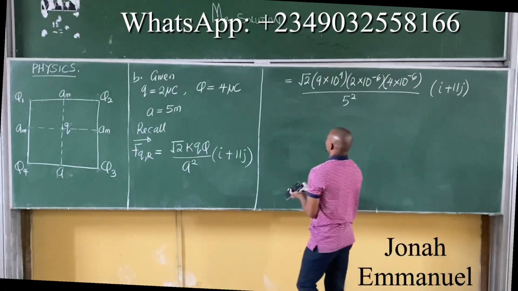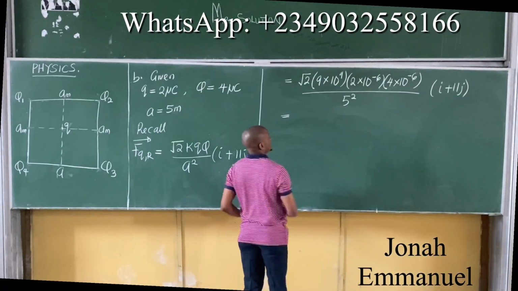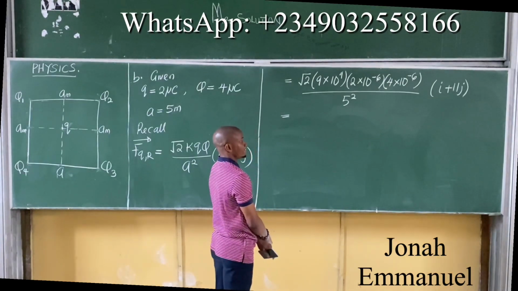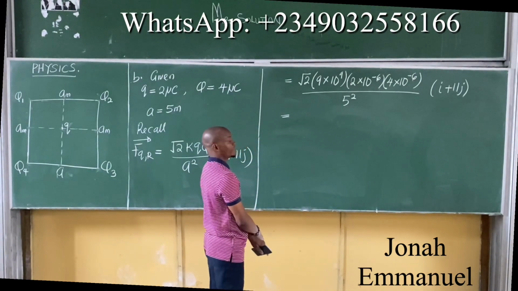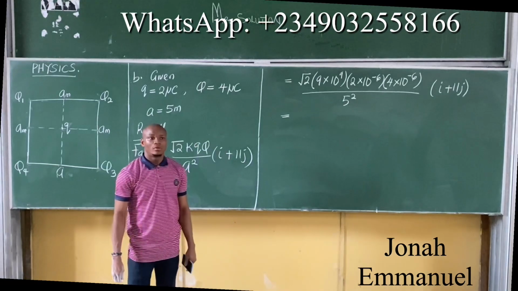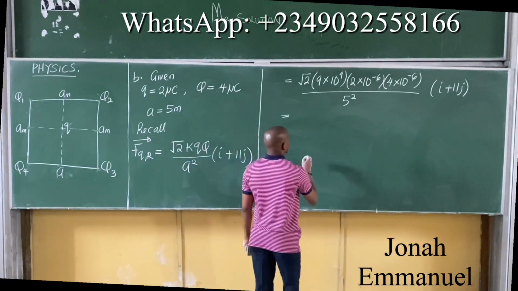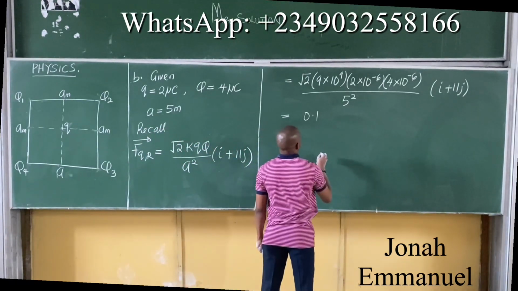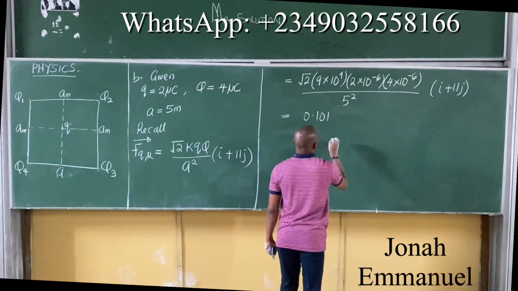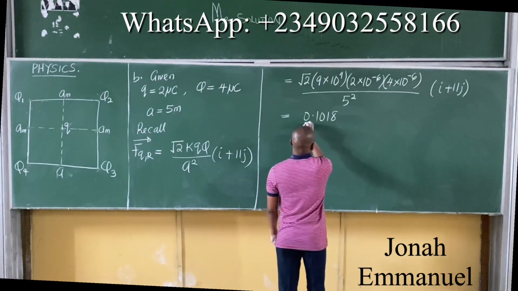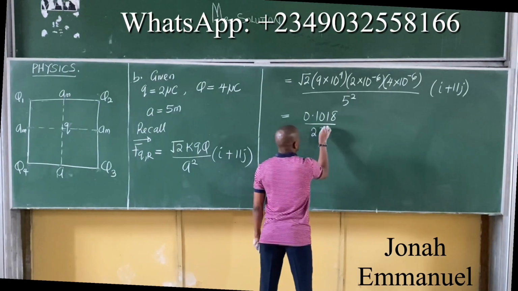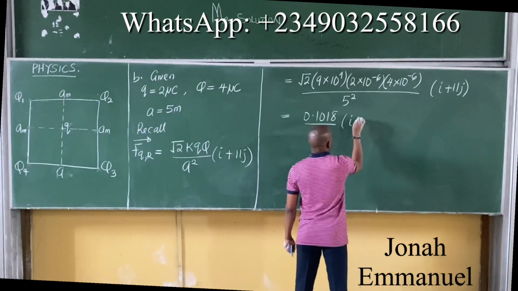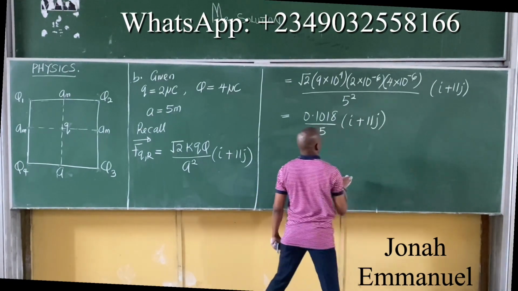Give me like 4 dp. What do you get? 0.1018. This all over 5 squared, which is 25, into 2i plus 11j.